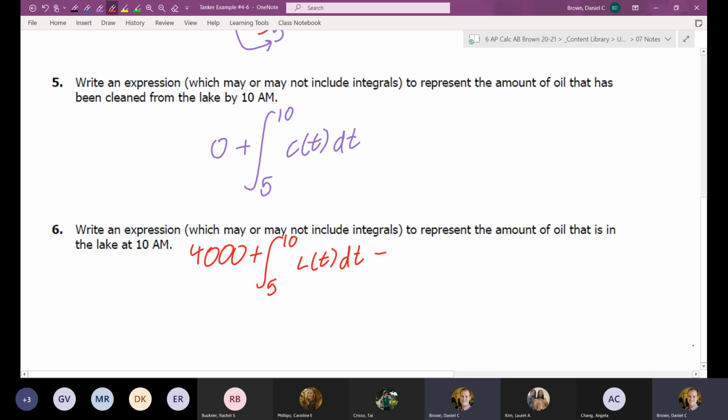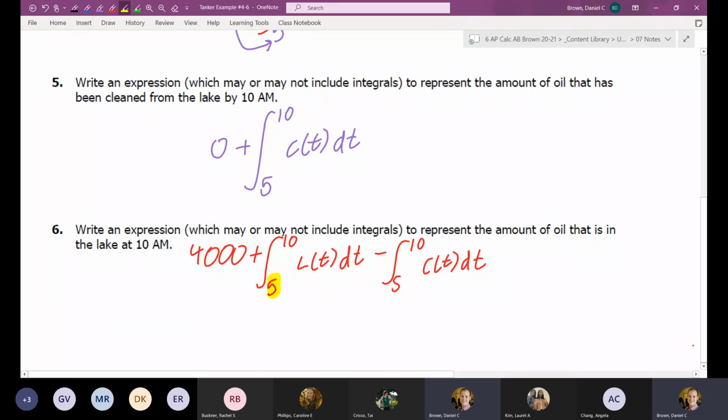Minus, since cleanup has started, starting at 5 and ending at 10, that would be how much has been cleaned from the lake. Again, if you need to evaluate that, when we have a function, you can just type that into the calculator. I would probably condense this.